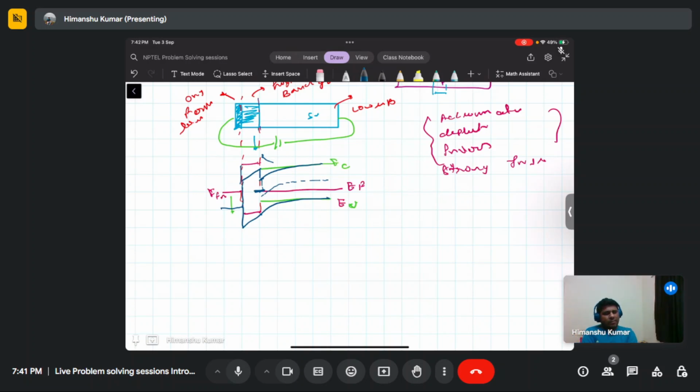Similarly, when you apply a strong bias such that the band bending equals two times the surface potential, where phi f is kT ln(Nd/ni). The condition for the inversion region to occur is when this band bending becomes 2 phi f.